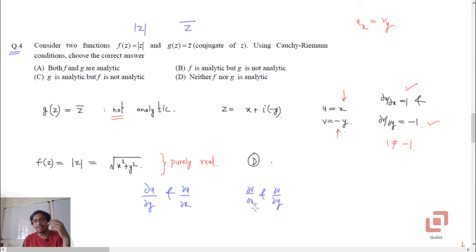Because v itself is 0, these will be zeros always. So there are infinitely many values where the Cauchy-Riemann equations are not satisfied, and there you will get the answer. None of them is analytic. I mean, even if you get a single complex number where the equations are not satisfied, the function is no longer analytic. So question 4, option D.